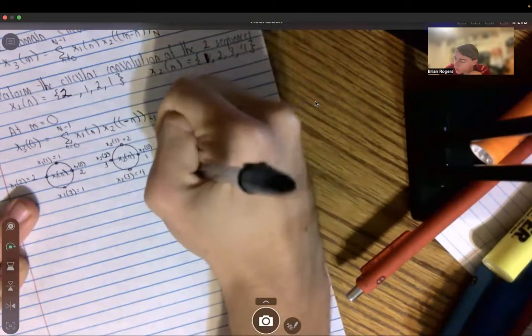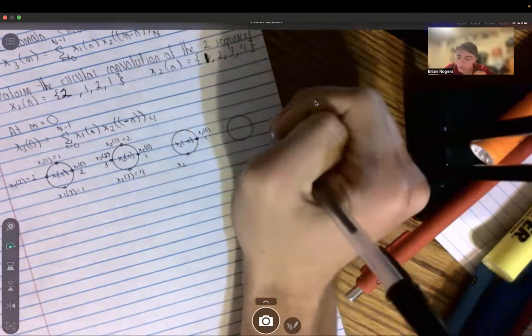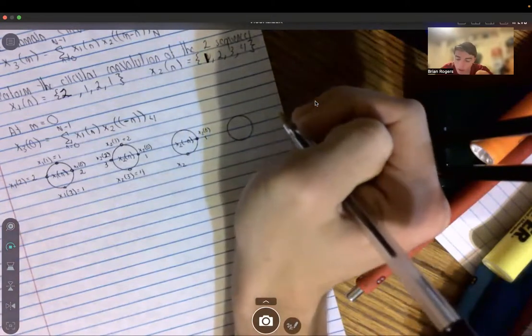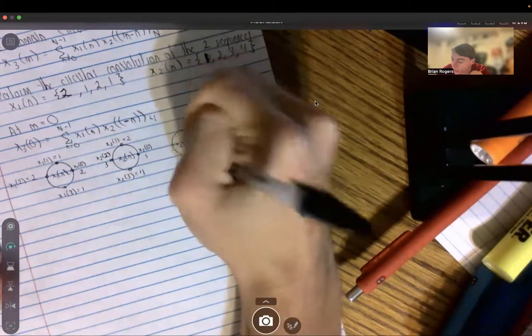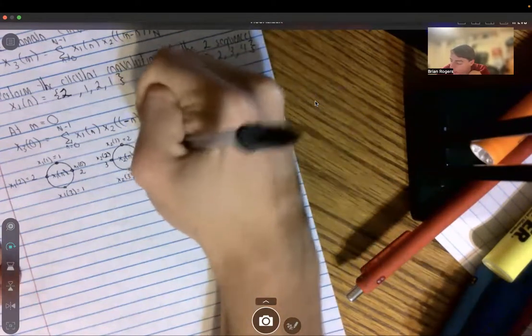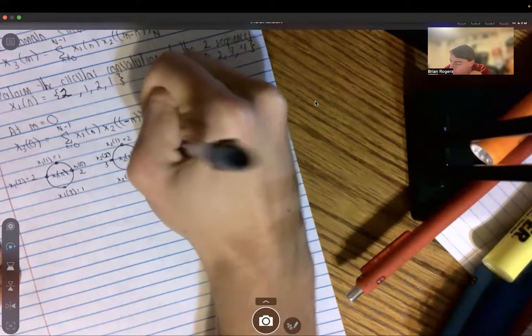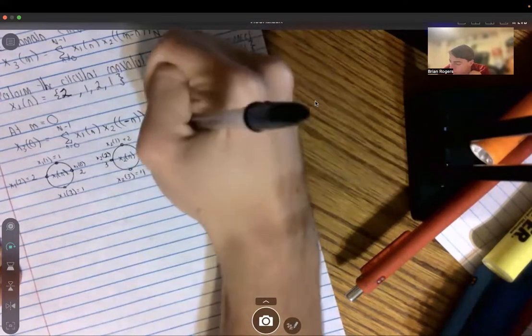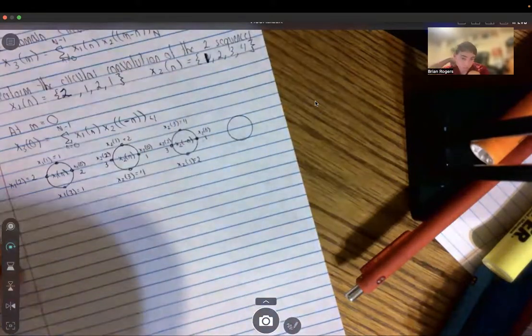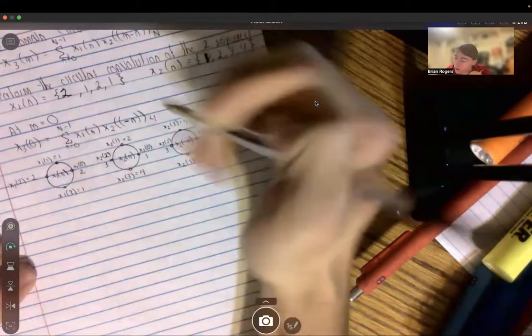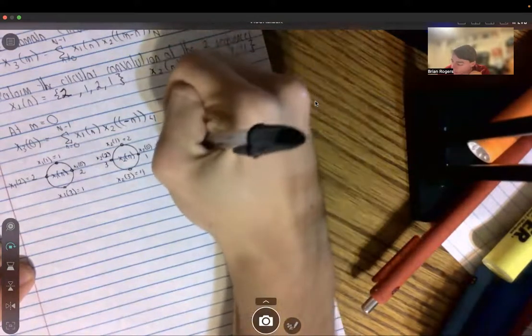And then down here, x2 of 1 is going to equal 2 because we're just writing it now going clockwise. x2 of 2 is going to be 3. And then we're going to have x2 of 3 is going to equal 4.